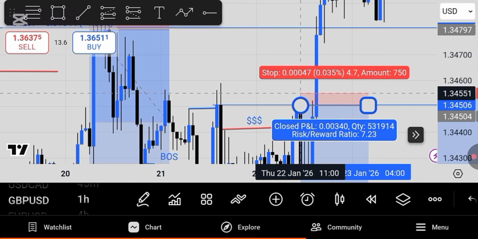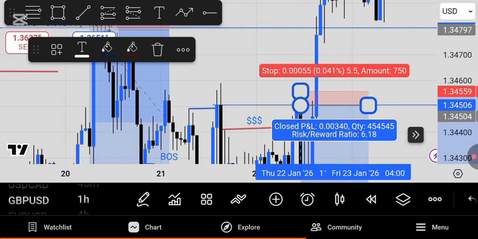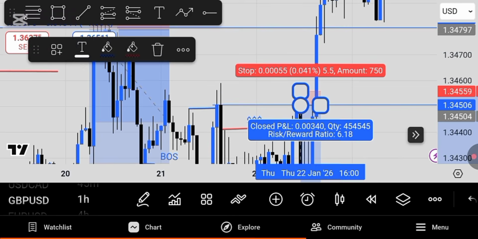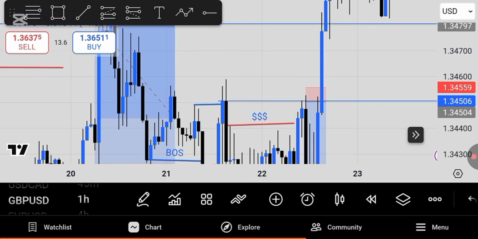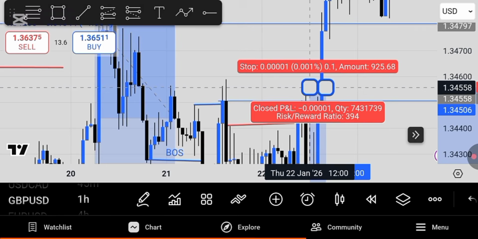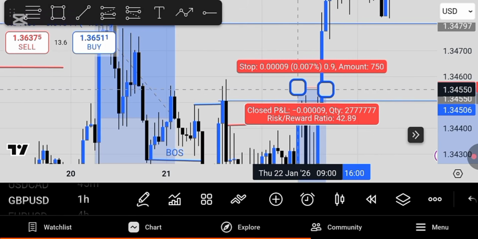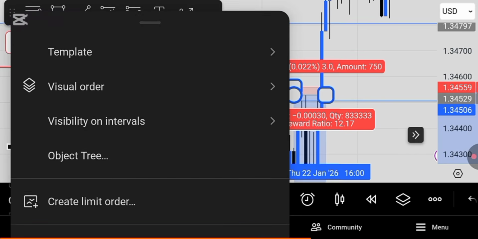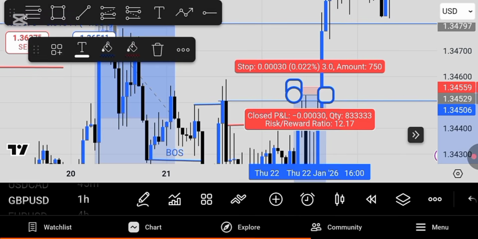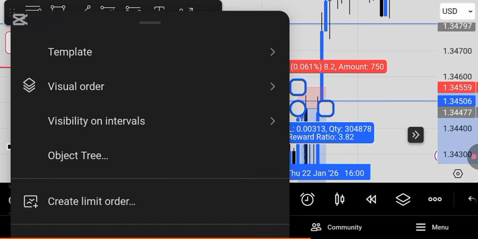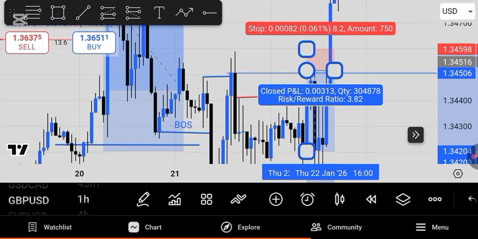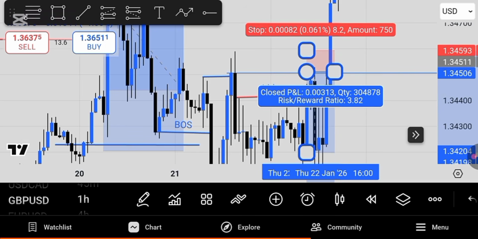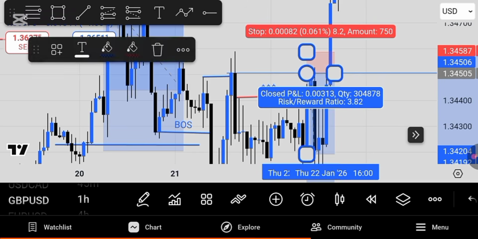I normally use 4 pips on EU. But to be more secured, since I haven't talked about refinement, you can put your stop loss just above these wicks, just above the wicks, like this, so that you can give your stop loss space to breathe.